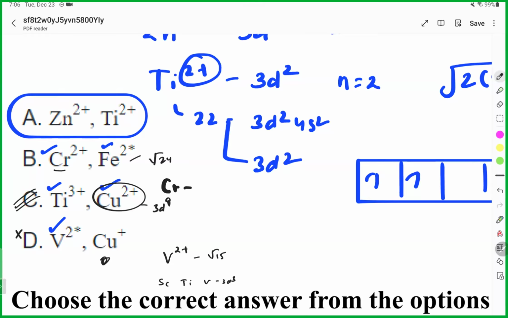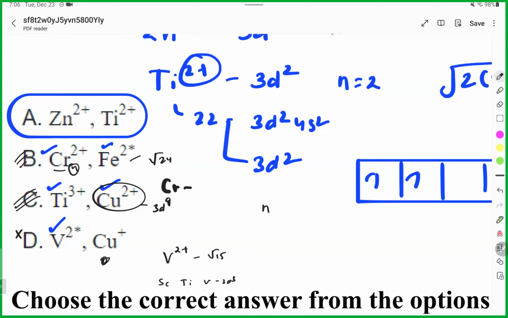If we say chromium 2 positive, you will get 4 unpaired electrons. That's why in magnetic moment, you are not supposed to calculate the magnetic moment.